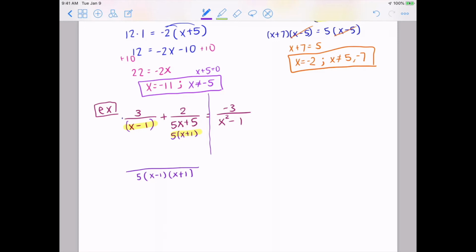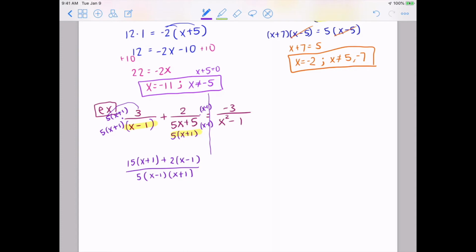Okay, so I've got to multiply 5x plus 1, 5x plus 1, and then the second fraction, I'm missing an x minus 1, x minus 1. Okay, so now if you look at the denominators for each of those, they are all in common now. Top, I can just multiply that in. We have 15, the 3 multiplied by the 5 would be 15 times x plus 1, and then plus 2 times x minus 1.